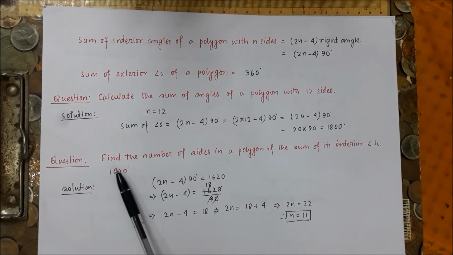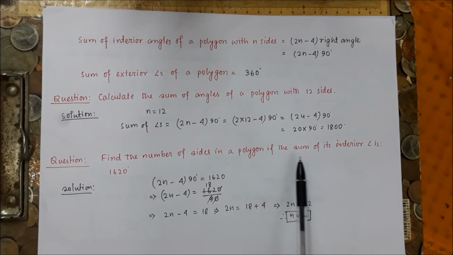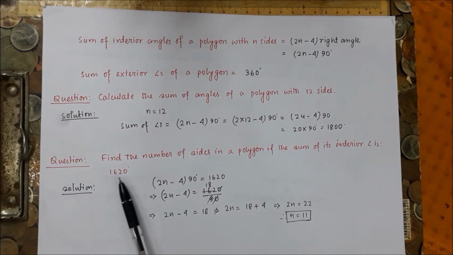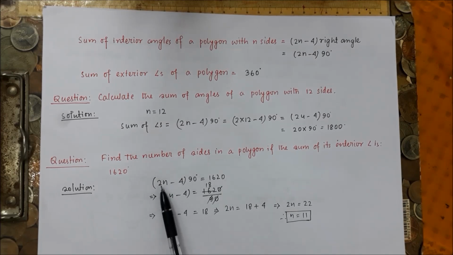Our next question is, find the number of sides in a polygon if the sum of its interior angles is 1620 degrees. That means here the sum is given as 1620. So the formula of sum of interior angles is (2n minus 4) into 90 degrees.